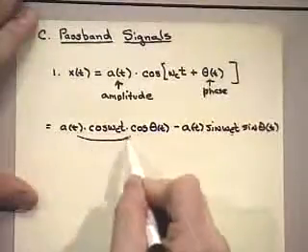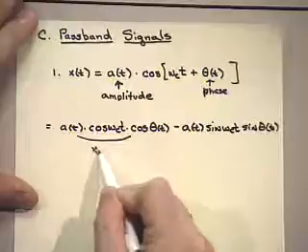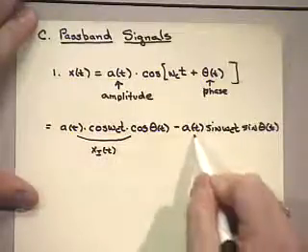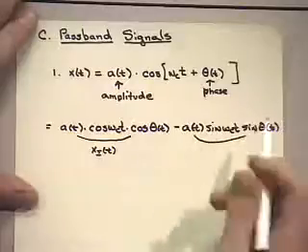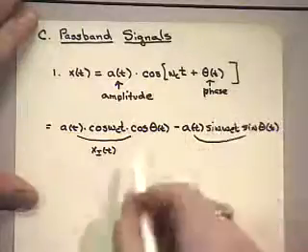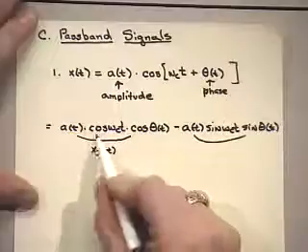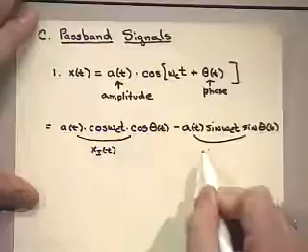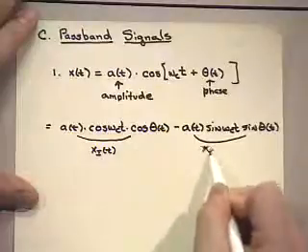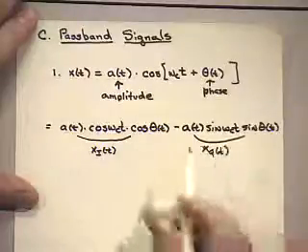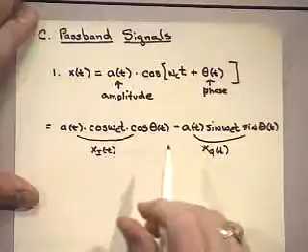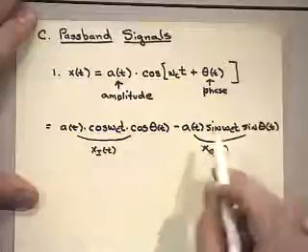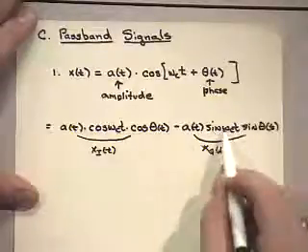So let's call a times cosine theta of t x_I of t, and the I is typically a subscript referring to the in-phase component, in-phase being associated with it multiplying cosine. And a times sine theta is x_Q of t, and it's called the quadrature component, quadrature usually meaning it multiplies sine.